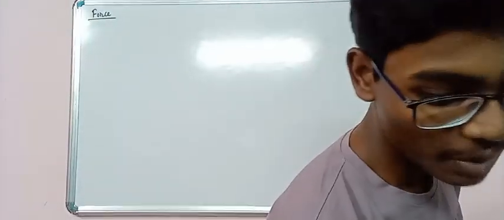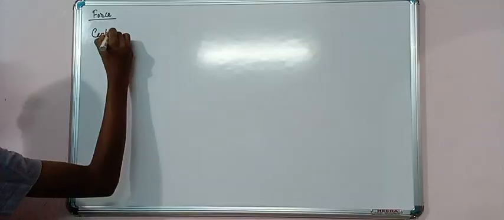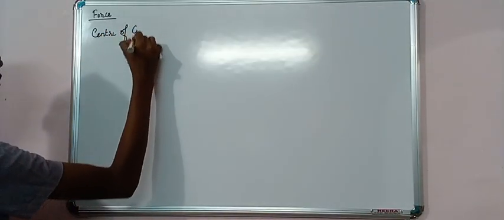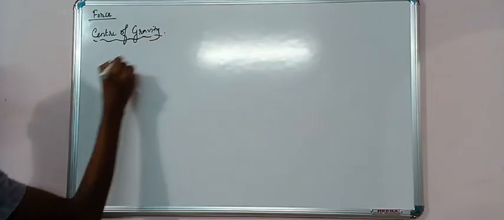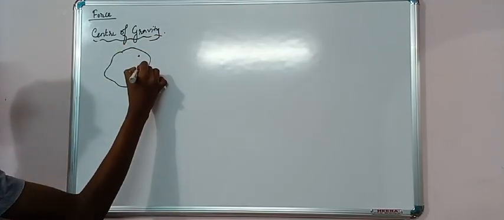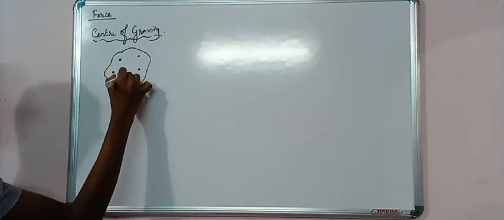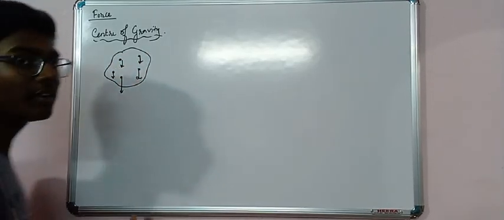That means, suppose I have taken up any irregular body. We have so many points on the body, we have so many particles, but all the weights are acting down. All the weights are acting down.